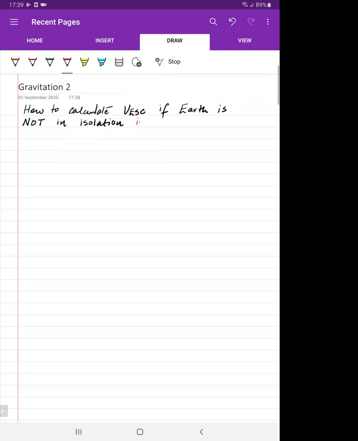That is, if Earth and Moon are both taken into consideration.